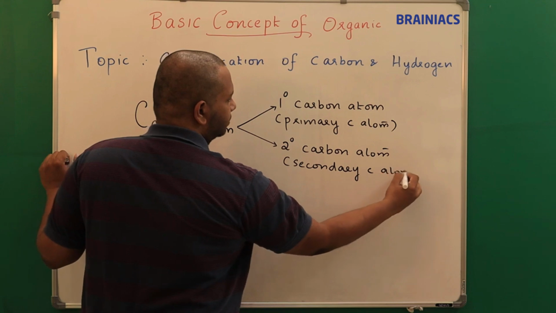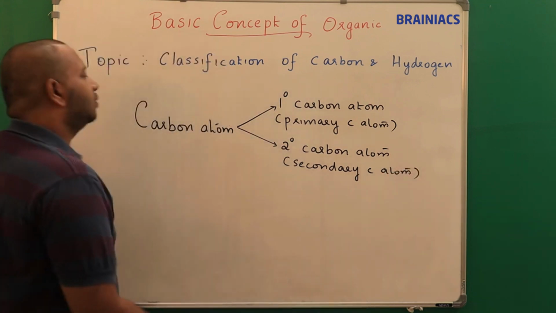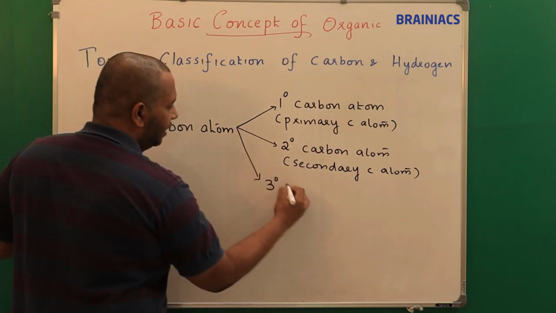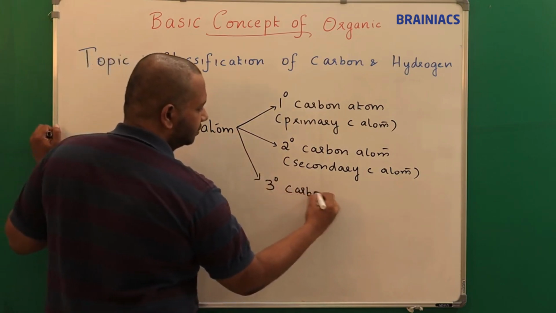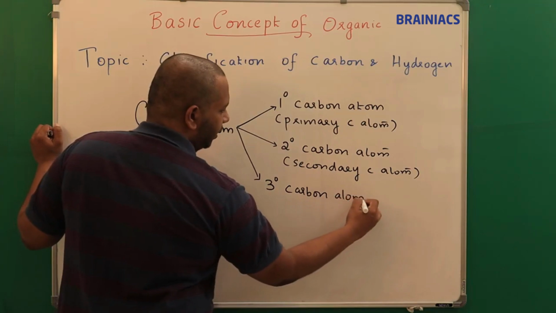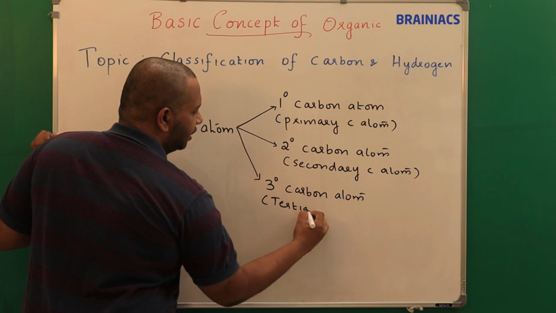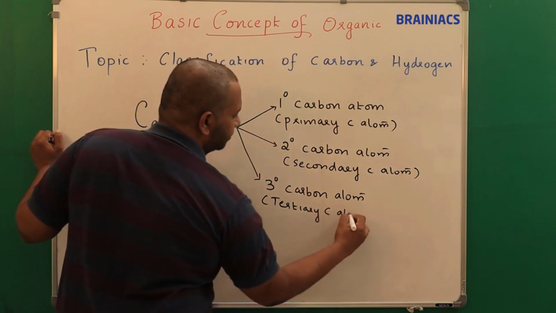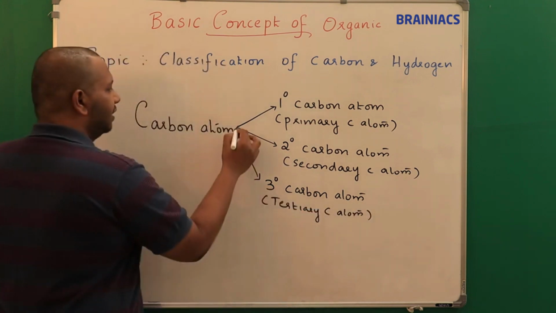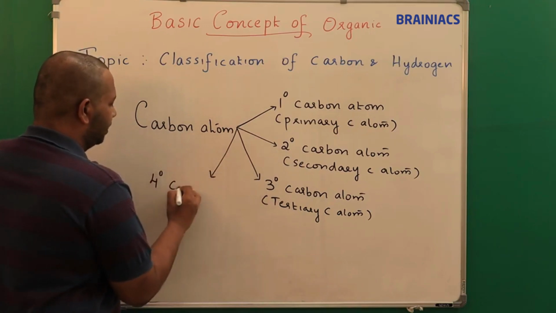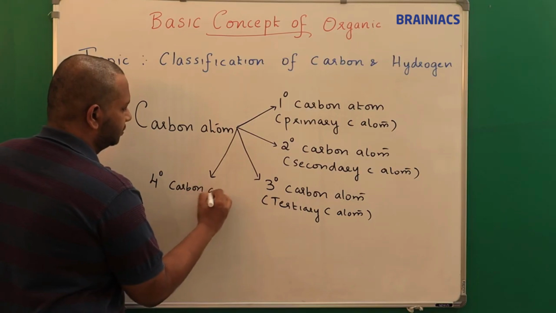carbon atom. And it is also classified into another one that is called 3 degree carbon atom, also called tertiary carbon atom. And the fourth one is called 4-degree carbon atom.